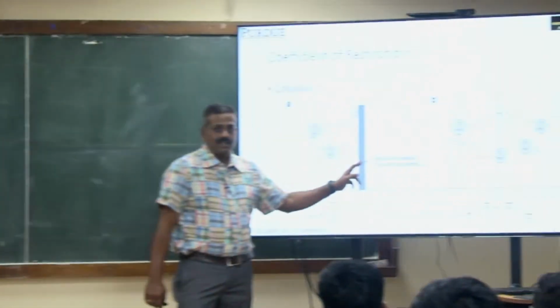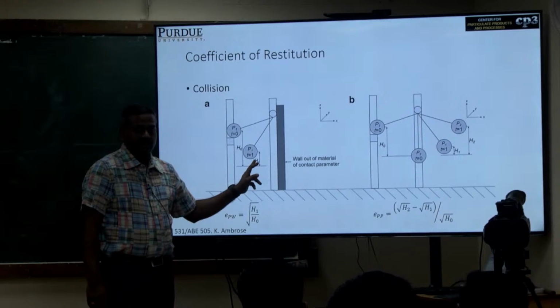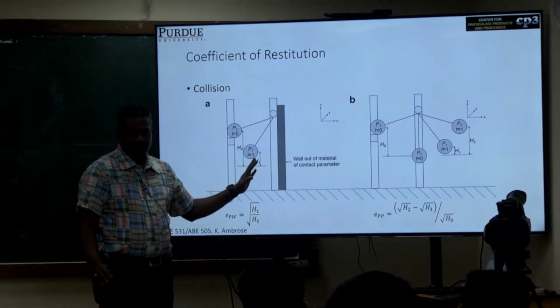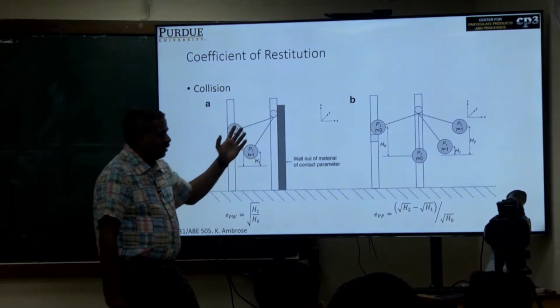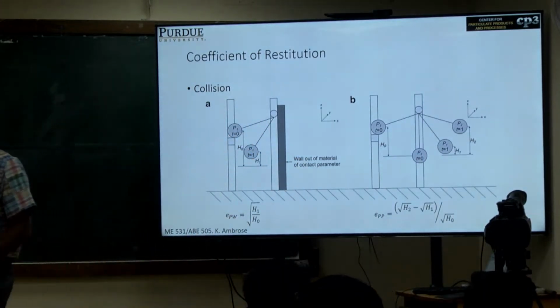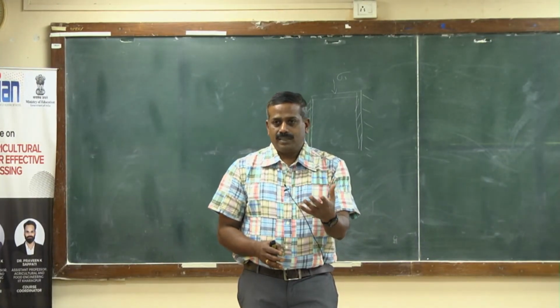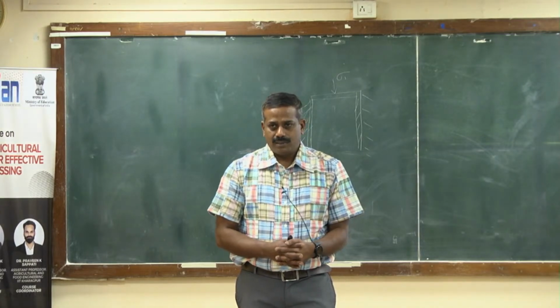If it's losing lots of energy, the distance it travels will be very low. Is that clear? There are different modified setups to get it from particle to particle or particle to wall surface. The idea is the same: depending on how much distance it moves, you get the coefficient of restitution.